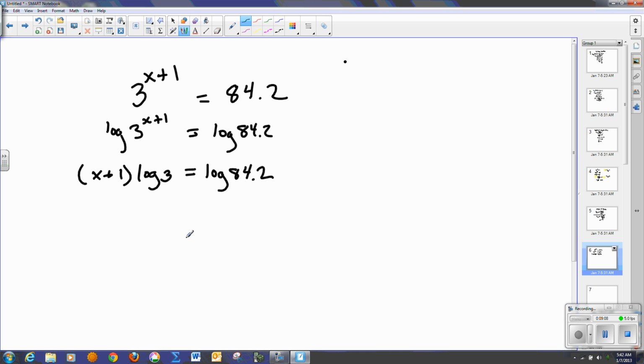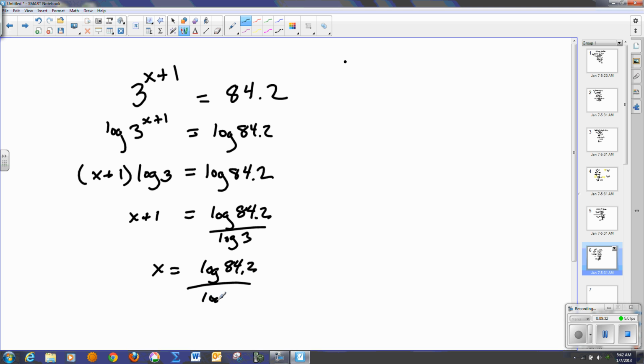Now if I wanted to give this the exact value, I'd divide by the log of 3, so I have x plus 1 is equal to the log of 84.2 over the log of 3, and then subtract 1, so I get the log of 84.2 over the log of 3 minus 1. And then if I wanted the approximate value, I could pop all that in my calculator.